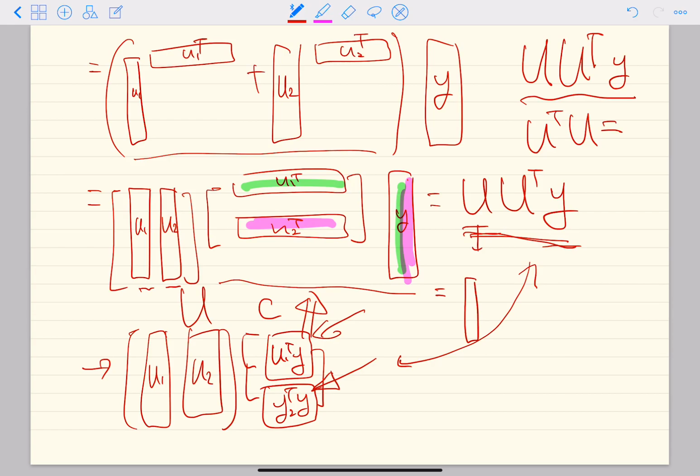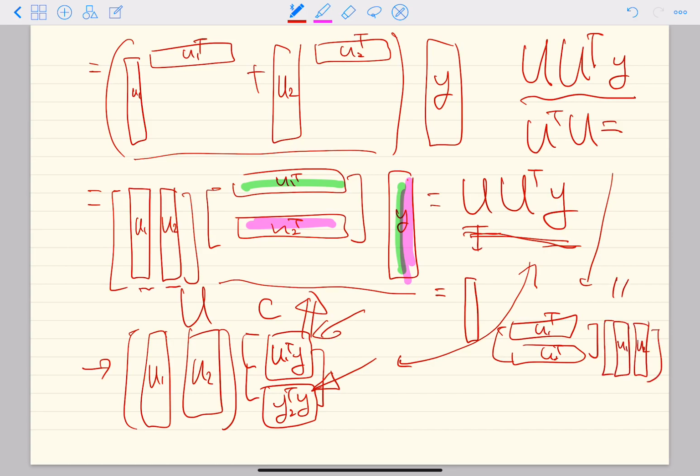So if you remember this, U1 transpose, U2 transpose, this is U transpose, and U1 and U2. In this case, first of all, it's a 2 by 2 matrix, and it is 1, 1, and 0, 0, because the inner product of the same vector with itself becomes 1, but the inner product between different vectors becomes 0.